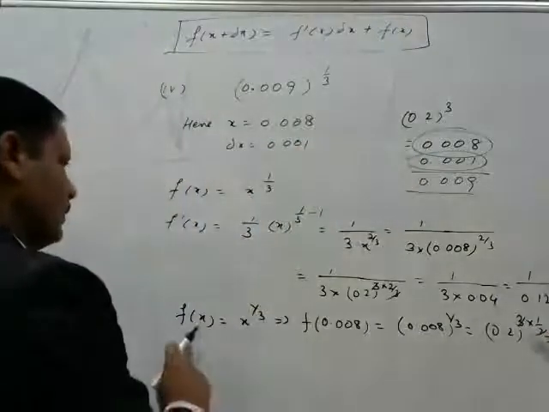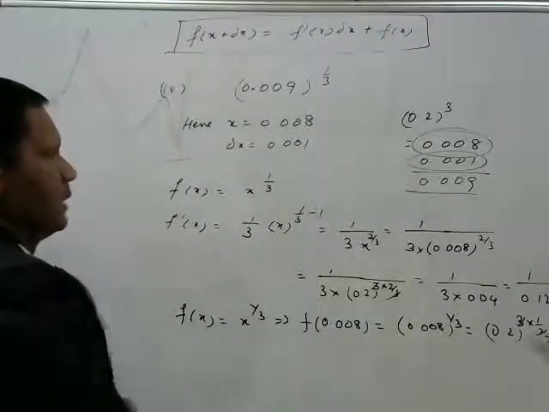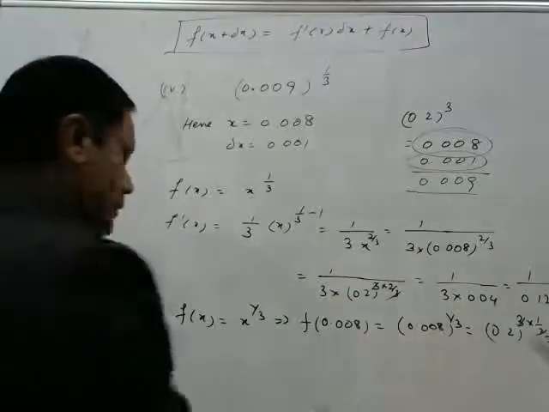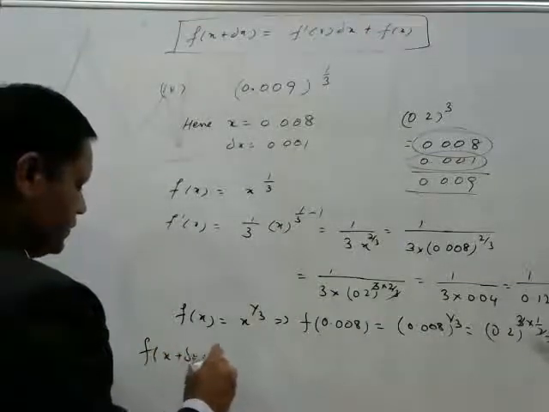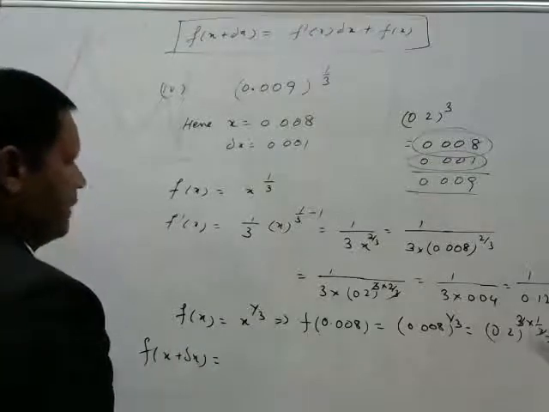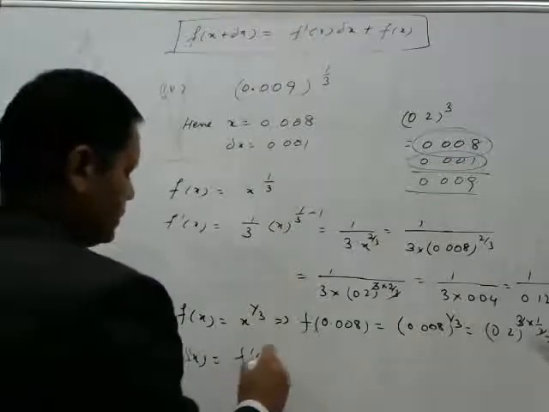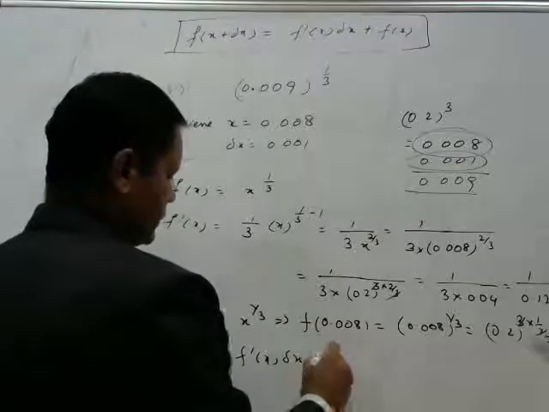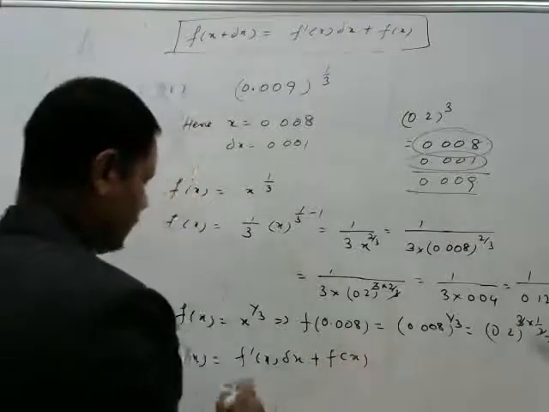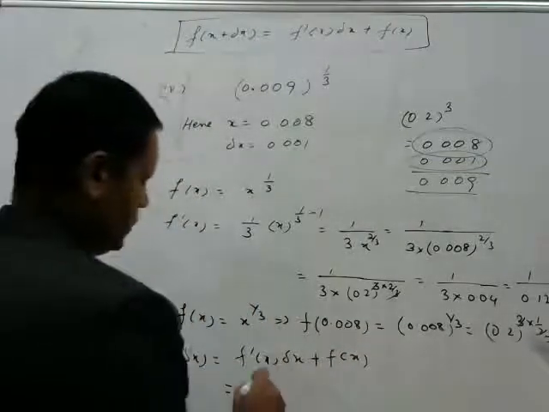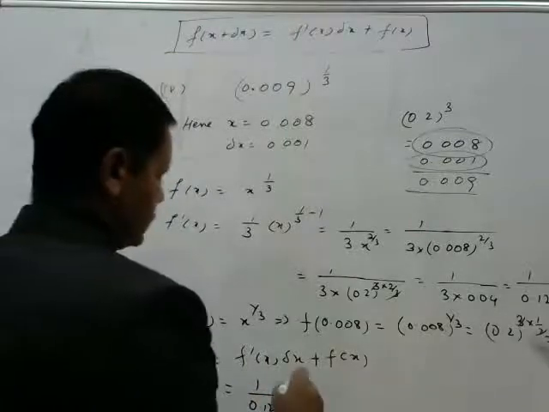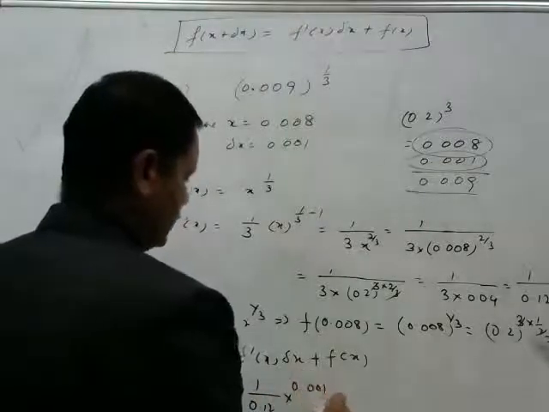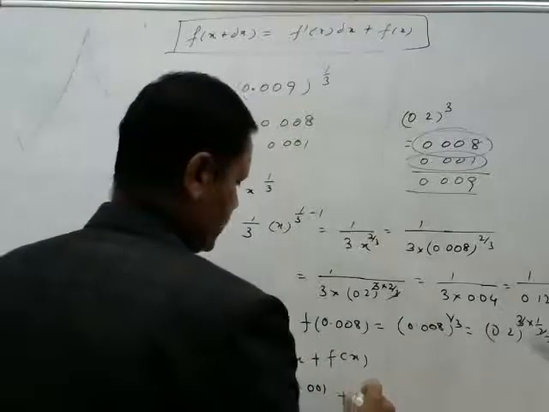We got the value of f of x, f dash of x, delta x, and now put in the formula. We know that f of x plus delta x is equal to f dash of x into delta x plus f of x. F dash of x we have calculated 1 upon 0.12, delta x is 0.001, plus f of x is 0.2.